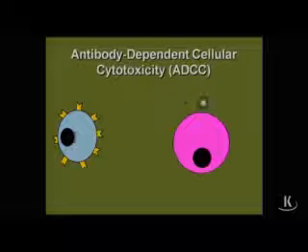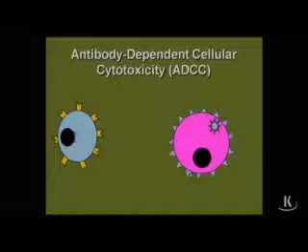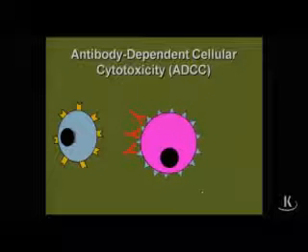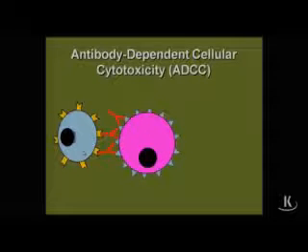So this particular virus gets into a target cell, begins to replicate, and will cause this target cell to express viral-specific proteins. Now, are those proteins self? No, they're non-self. So antibodies can certainly recognize those viral-specific proteins, bringing them to an Fc receptor on, in this case, a natural killer cell.